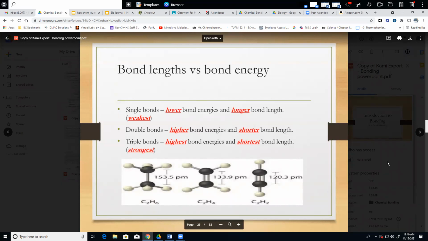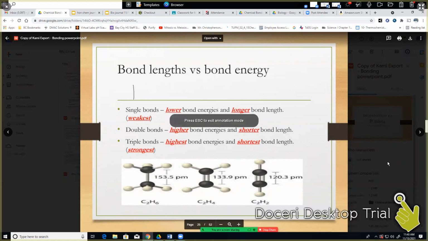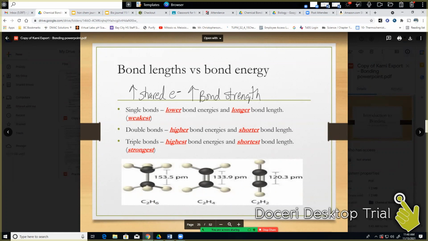So the atoms are going to be pulled closest together, so it's a shorter bond, which means it's the strongest. So as you increase your shared electrons, you increase the bond strength, and it decreases the bond length.